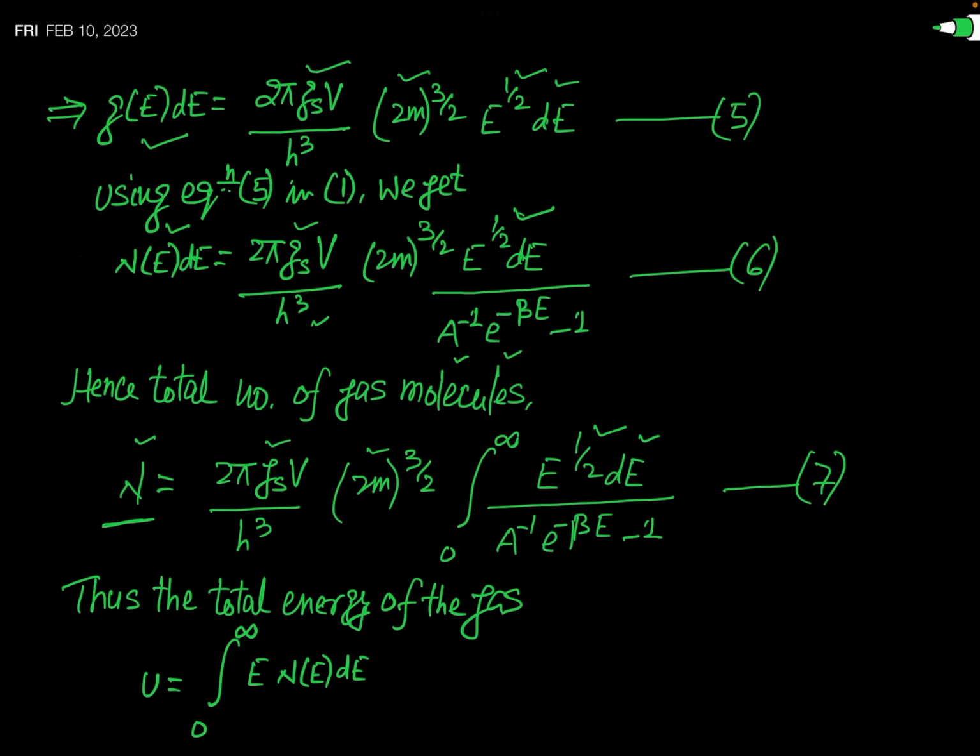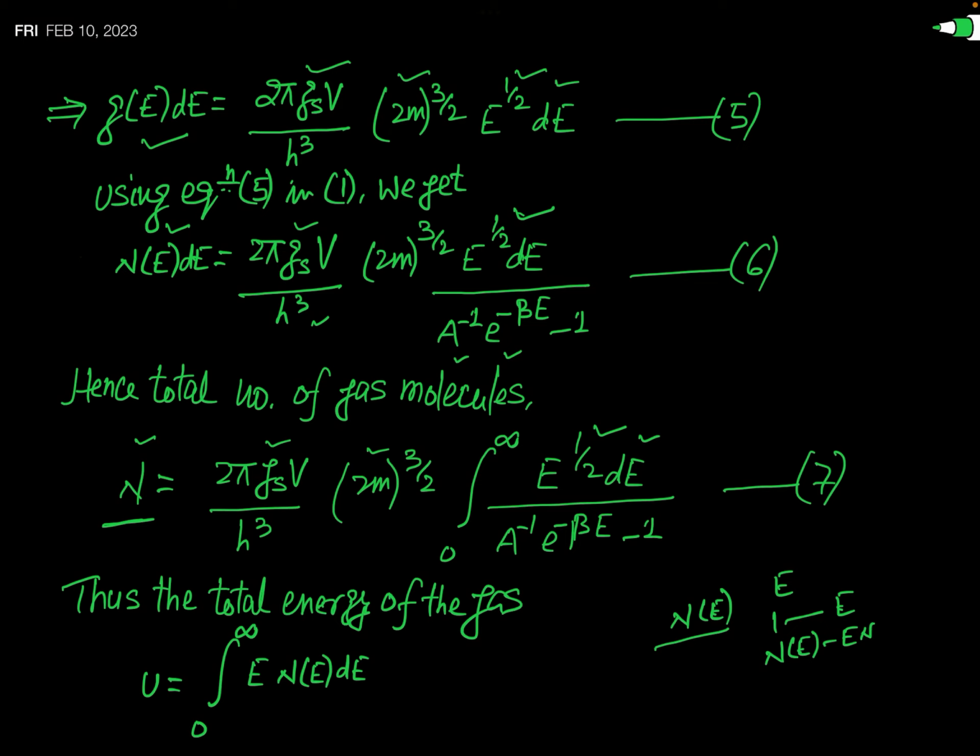Now, if you want to find the total energy of the gas, what will be the result? This has already been discussed while dealing with the density of states problem in the case of Maxwell-Boltzmann statistics. On average, each molecule in this N(E) has energy equal to E. So the energy of one molecule on average is E, and the energy of N(E) molecules will be E into N(E).